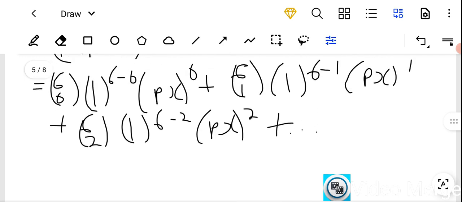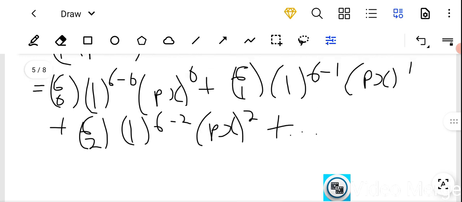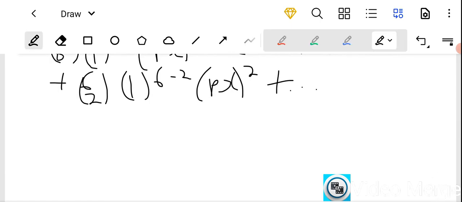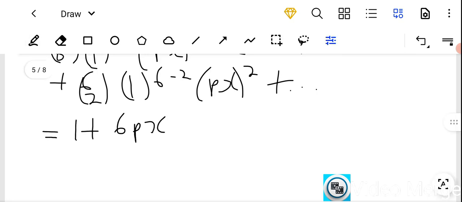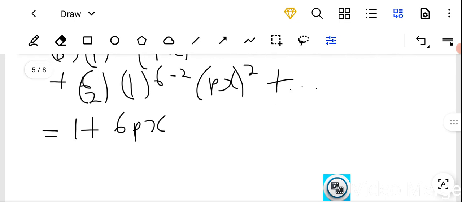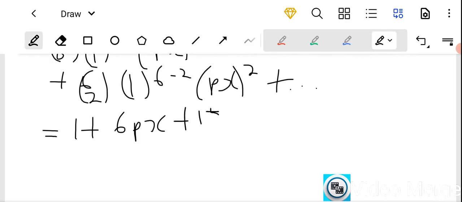So here we have 6 multiplied by px. So we're going to have 1 plus 6px, like that. And then 6 combination 2, 6 choose 2 is a 15. So plus 15 p squared x squared.